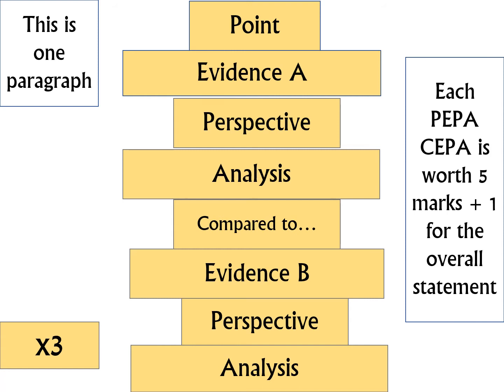Each PEPPA paragraph is worth 5 marks and you get 1 mark for the overall statement at the end. Again, we have gone through this question with you at least 5 times this year, whether it's in class or whether it is in masterclasses. You should know what PEPPA means.